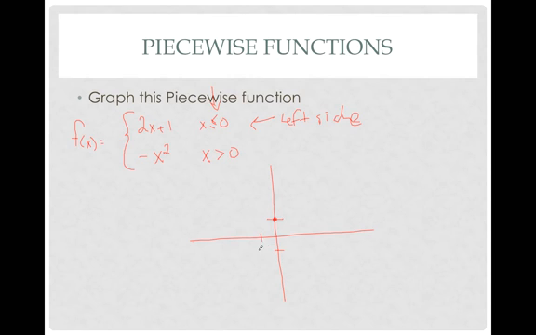I need to go down 2, left 1, and I need to go down 2, left 1 again. And I don't get to just draw a big straight line because I can't draw a line on the right side of 0. So I'm just going to draw this direction. And there's the first half of my graph.